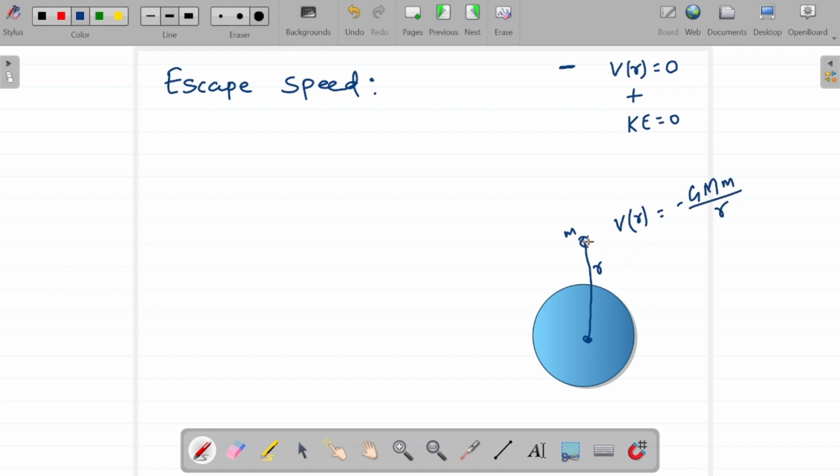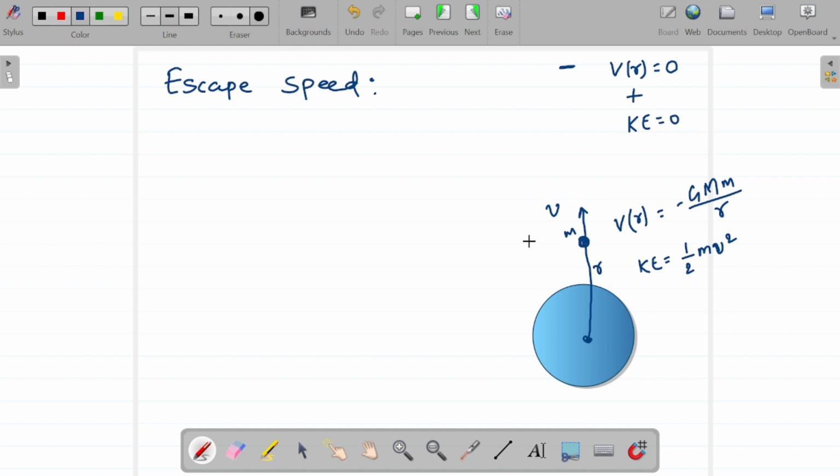Now at this position, if we impart some velocity, that velocity will give rise to kinetic energy, which can be written as 1 by 2 m v square. Let's say we have thrown it with a velocity of v.